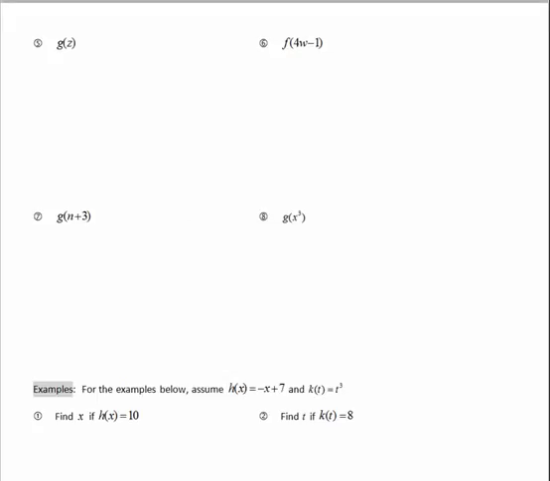Sorry, I had a little bit of a glitch there. When I'm trying to replace the n with a z, I would just get z squared minus 2z minus 4.